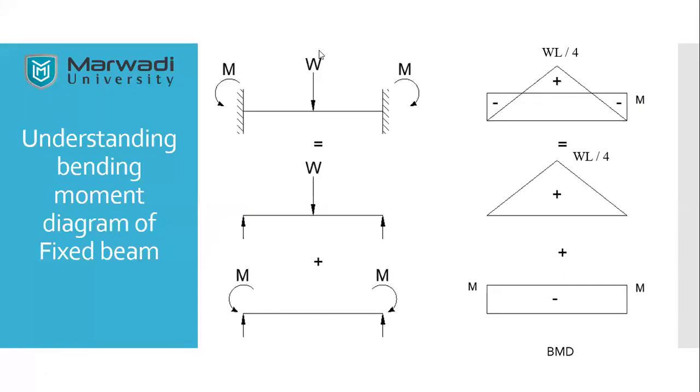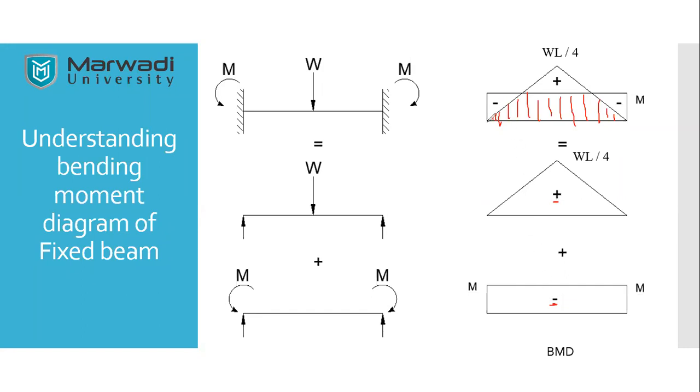Now, there is one interesting thing here. If you consider the central region, this one, you see that the central region is coming in both the diagrams. It is coming in positive also, and it is coming in negative also. So what happens when it is coming in positive and negative?